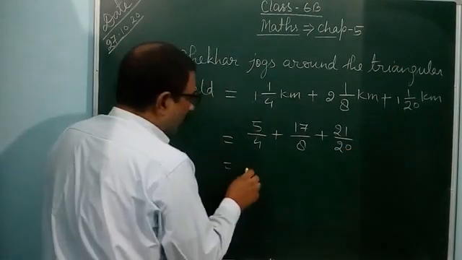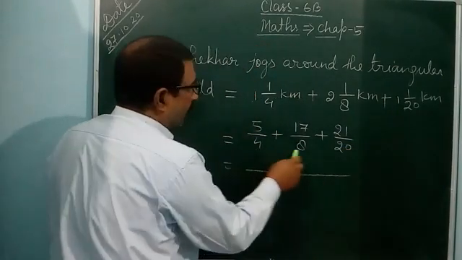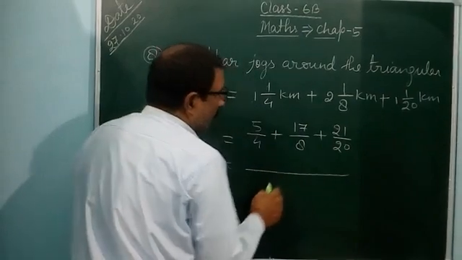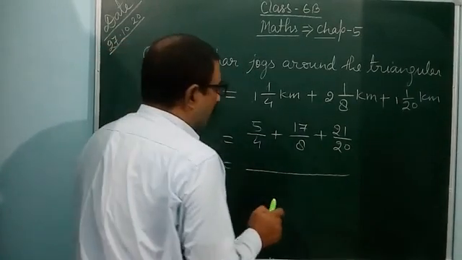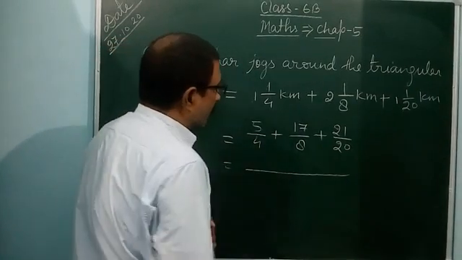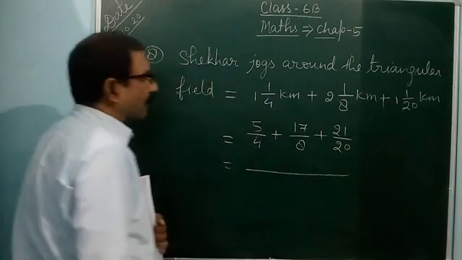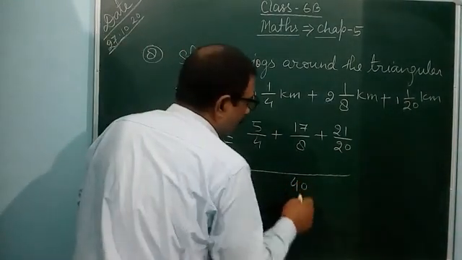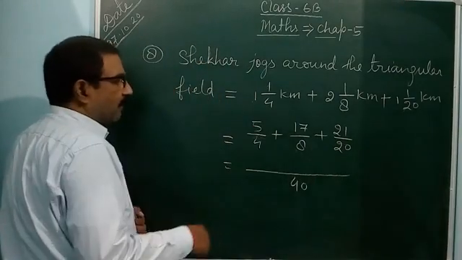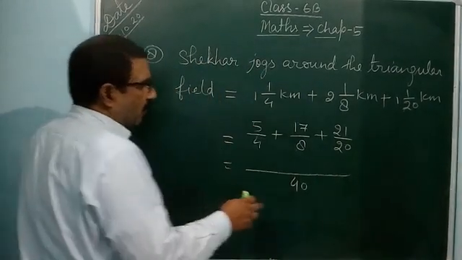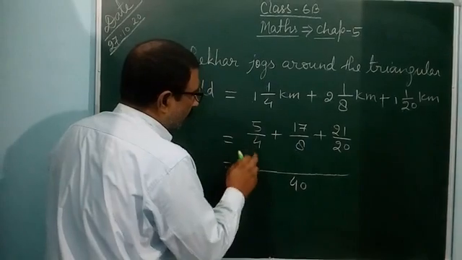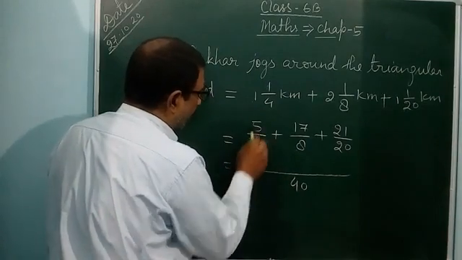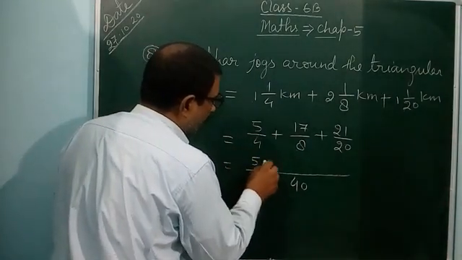After that, you find the LCM of 4, 8 and 20. The LCM of 4 and 8 is 8, and the LCM of 8 and 20 is 40. You can find it at the side if you have doubt. So you divide 40 by 4: 10 times, 10 times 5 is 50.